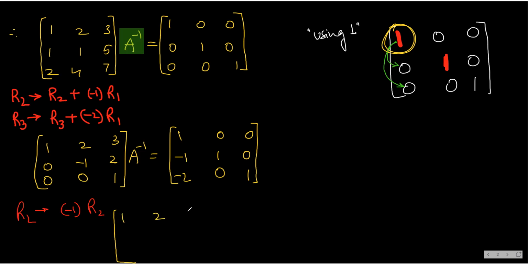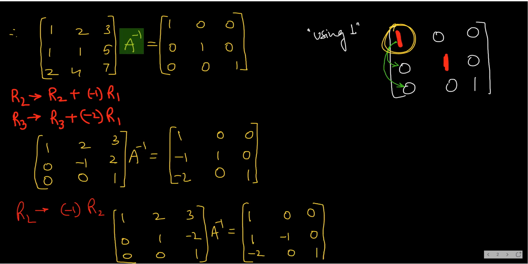So 1, 2, 3, 0, 1, minus 2, 0, 0, 1, A inverse. And here what you will have? You will have 1, 0, 0, 1, minus 1, 0. I'm multiplying minus 1 to R2, minus 2, 0, 1. And then using this one, get 0 and 0.